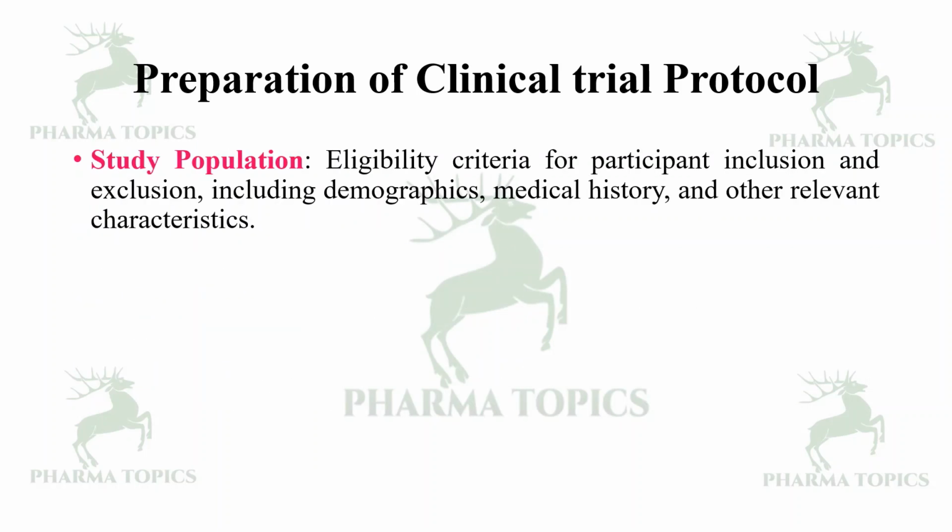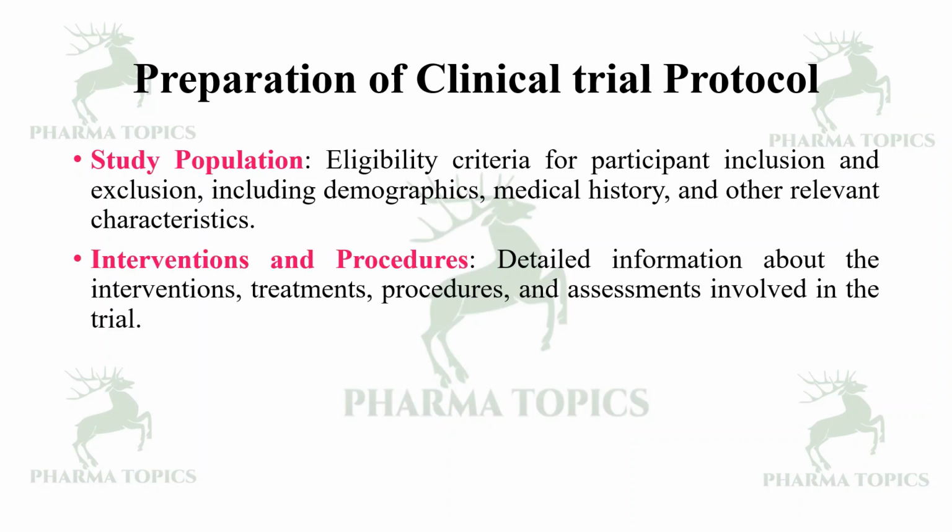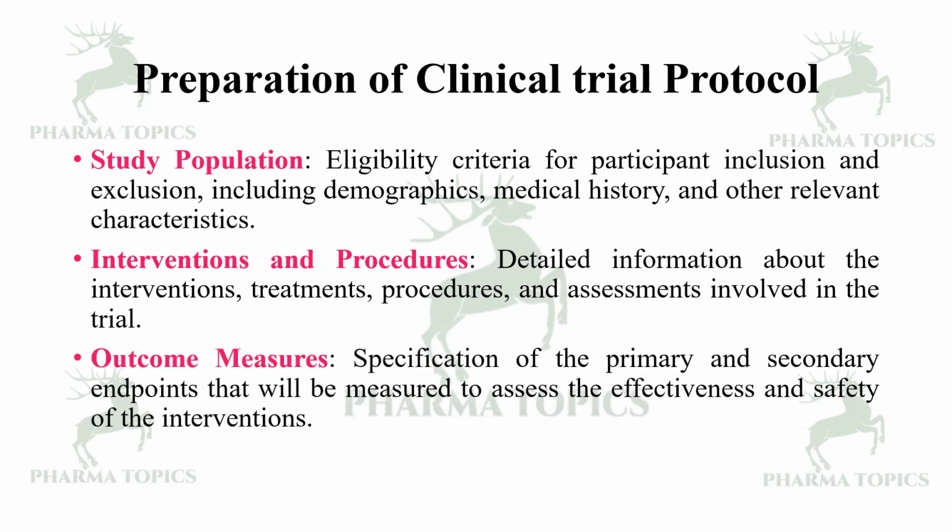Then study population. It should have data about the eligibility criteria for the participant inclusion and exclusion, including demographics, medical history, and other relevant characteristics. Then interventions and procedures. It should have detailed information about the interventions, treatments, procedures, and assessments involved in the trial. Then outcome measures.